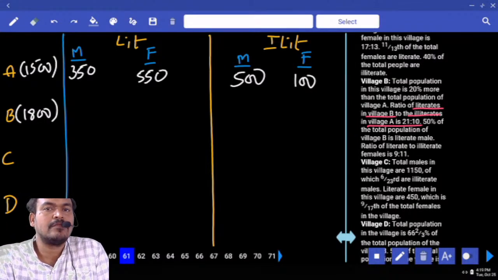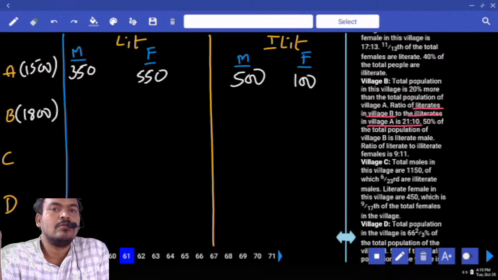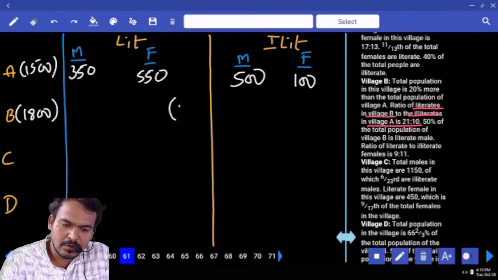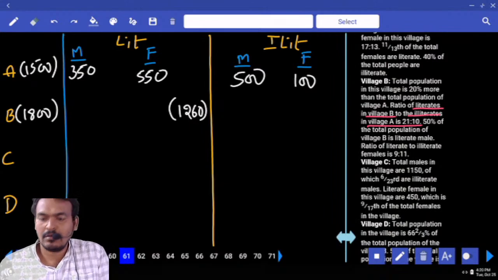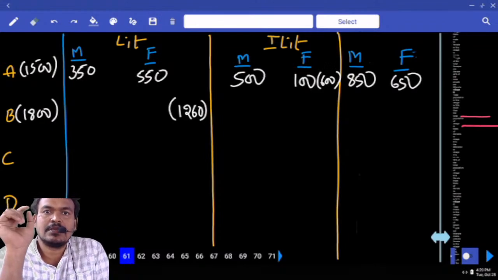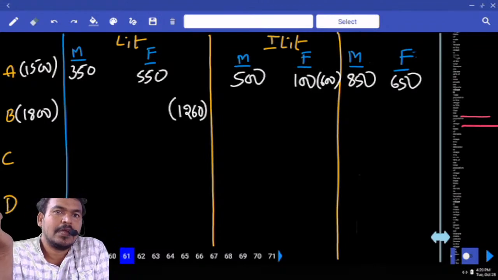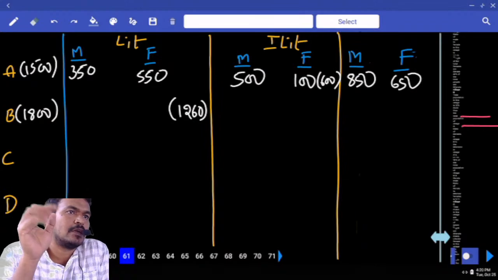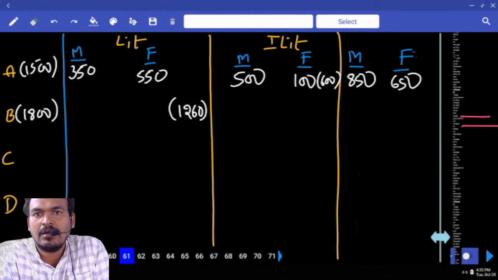Then 21 parts value? 1260. That 1260 is the total literate value in village B. What is the village A total illiterate value? 600, which represents 10 parts. Then every one part is 60, so we get the 21 parts value.